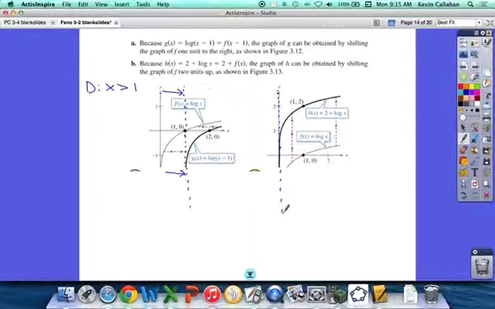You take a vertical line and move it up or down. It's still the same line, right? So the asymptote didn't change, so the domain didn't change.